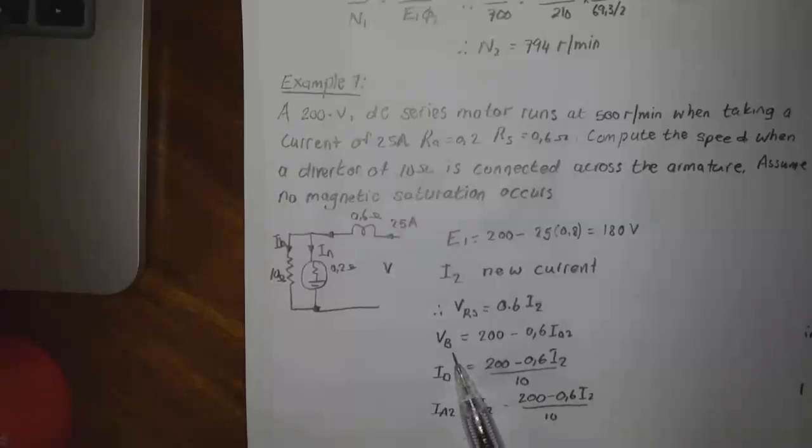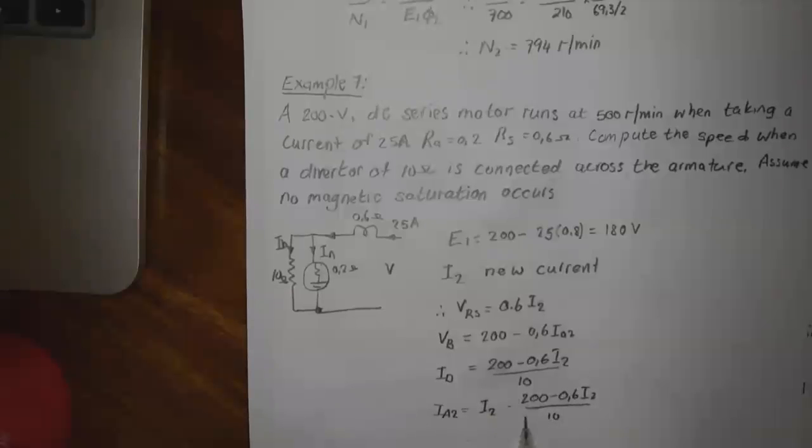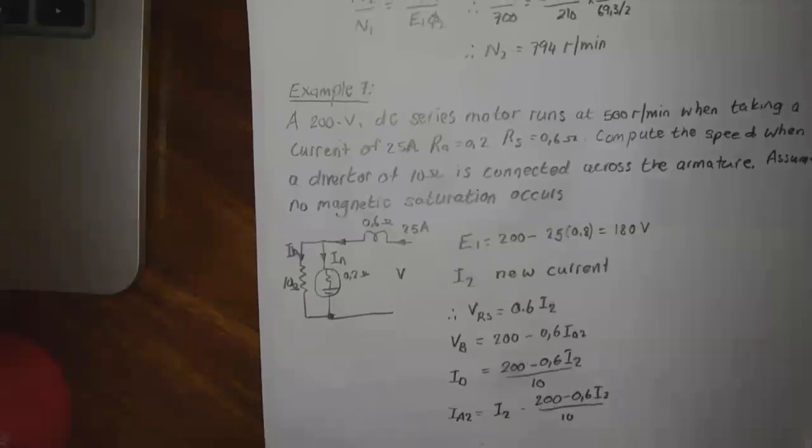So VB is 200 minus 0.6 times I2. ID, the diverter current, is then that voltage, 200 minus 0.6 I2, divided by 10. And that gives us IA2 is I2 minus (200 minus 0.6 I2) divided by 10.